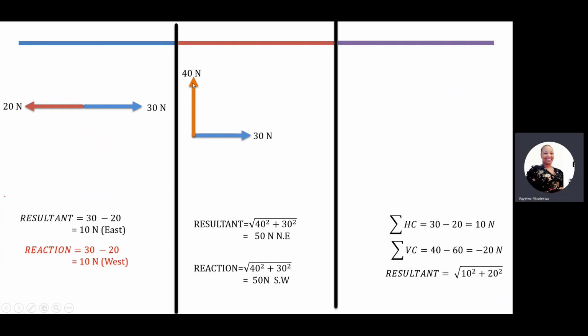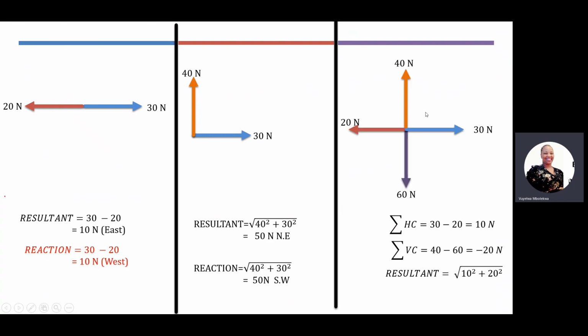In this case, if you have a vertical force and a horizontal force, you cannot just add them. You will use the Pythagoras theorem because you have a right angle triangle here. So you will use Pythagoras theorem to say the square of the y force and the square of the x force. That will be northeast, but the reaction force will take the opposite direction, which is southwest.